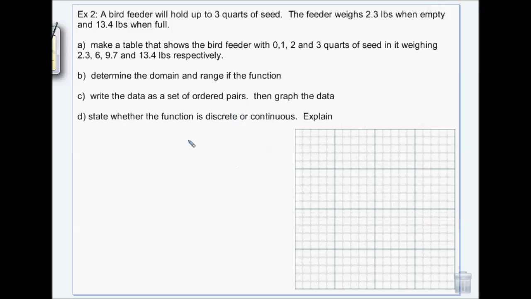The feeder weighs 2.3 pounds when empty and 13 pounds when full. So I'm going to make a table real quick where I have 0, 1, 2, and 3 quarts of seed. And then I have the weights.